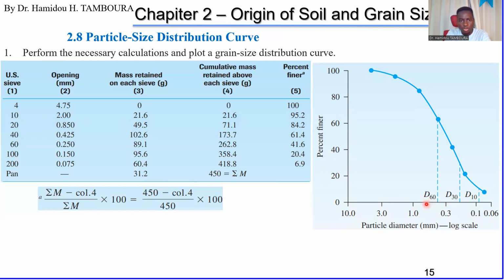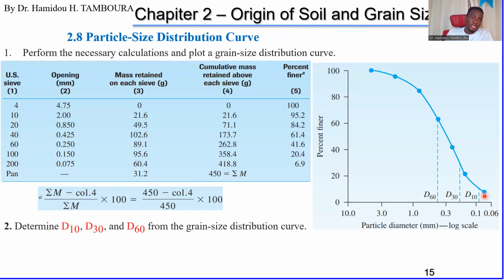So I guess 0.85 corresponds to this point, and you know that the percentage is 84, a little bit higher than 80, 84 point something, 0.2. Okay, then you do that to obtain all these points, and by joining the points, you will obtain your curve. That's very simple. That is the first question.